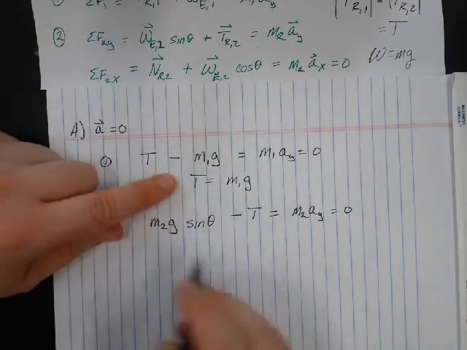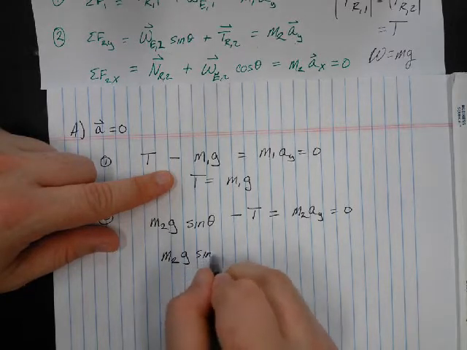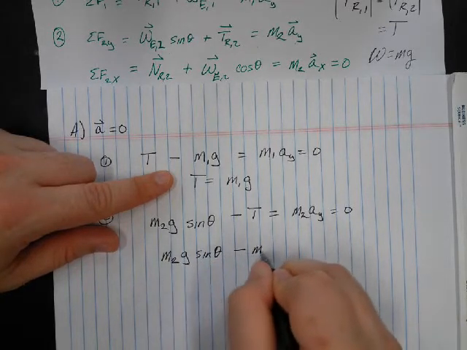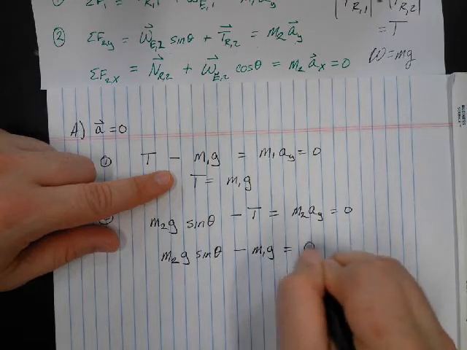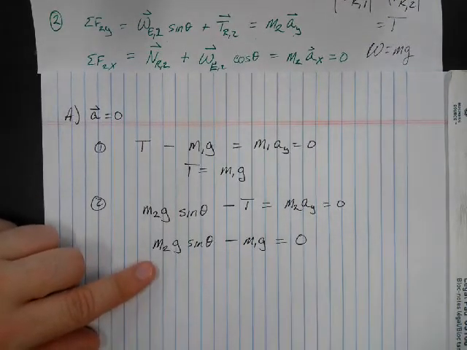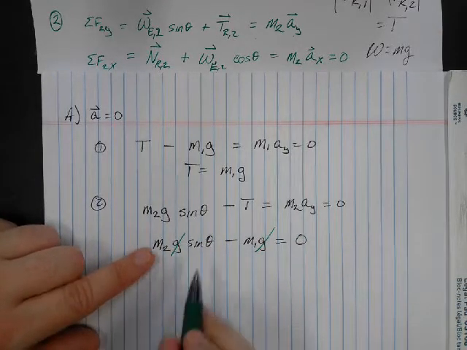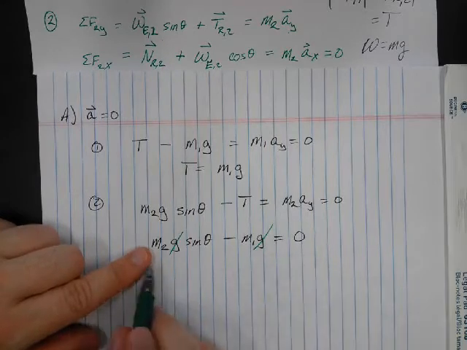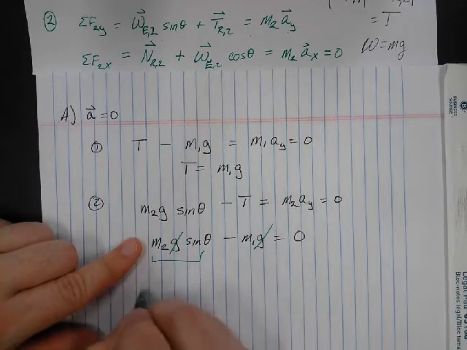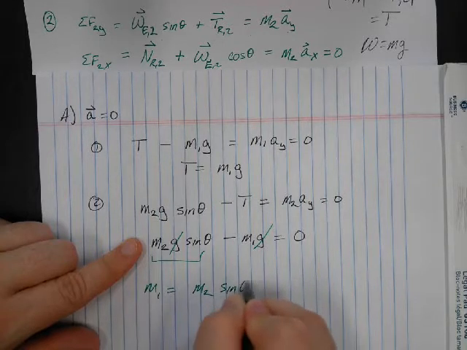Now we can take this and plug in. Mass 2 g sine theta minus mass 1 g is 0. And now we can solve. Well, there's a common g, so that just goes away. We'll just have this stuff, and we know everything in this term. So mass 1 is mass 2 sine theta.